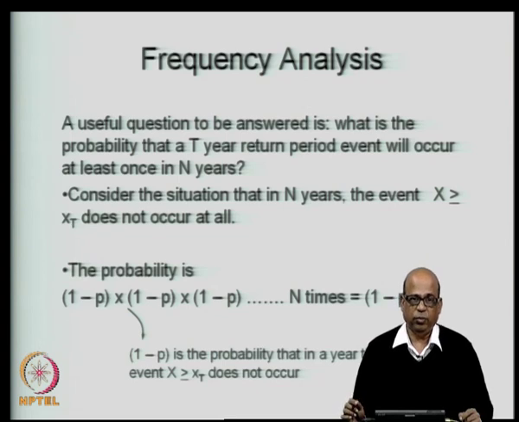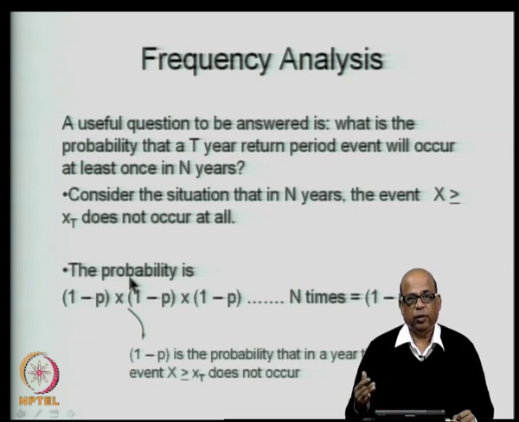What is the probability of this? That is, in the first year it does not occur, second year it does not occur, third year it does not occur, and so on. For all the n years this event does not occur. What is the probability that it does not occur in a given year? It is 1 minus p, because p is the probability that it occurs in a given year.